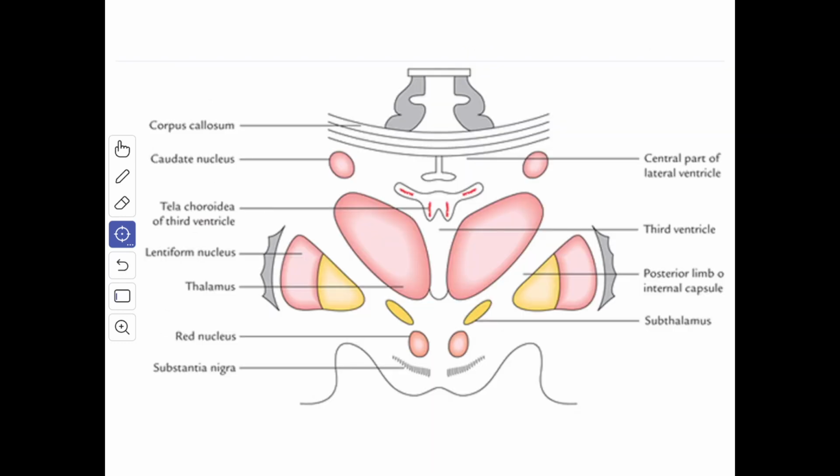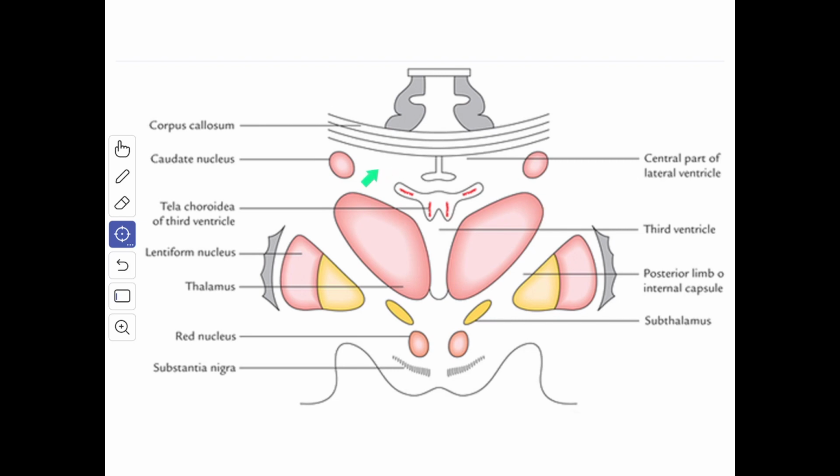This is a diagrammatic representation to show the surfaces and relations. This is the superior surface, this is the inferior surface, and this is the medial surface and lateral surface. The superior surface in its lateral part forms the floor of the central part of the lateral ventricle.